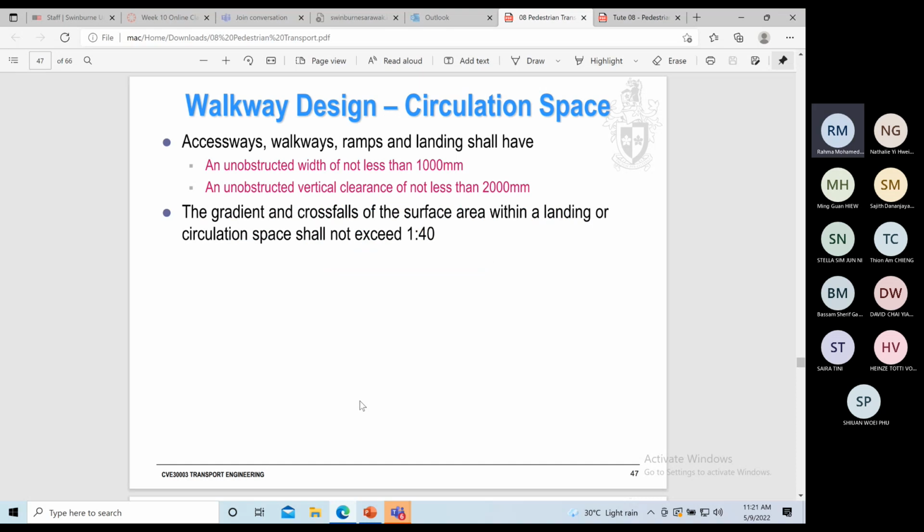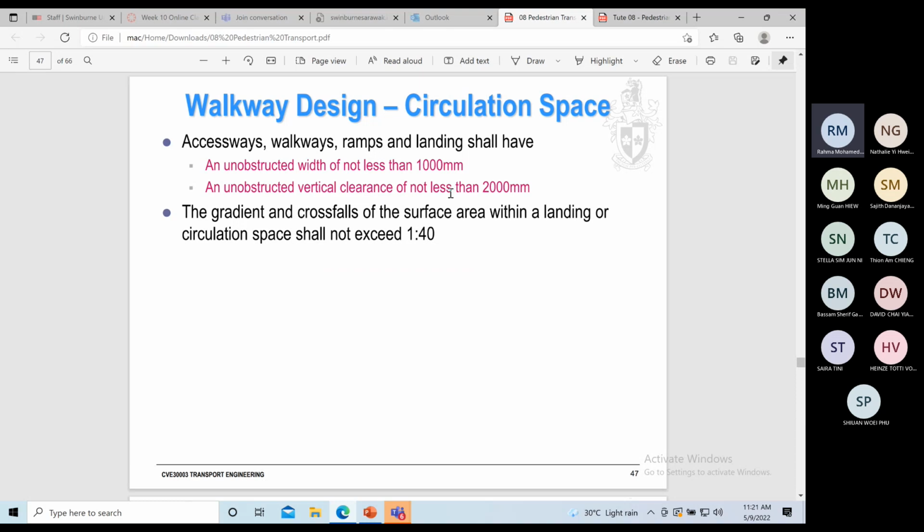So moving on to the walkway design, that is the design for circulation space. We will be looking into designing access ways, walkways, ramps, and landings. For this kind of walkways, access ways, and ramps, you should provide an unobstructed width of not less than 1000 millimeter, 1 meter, and an unobstructed vertical clearance of not less than 2000 millimeter.